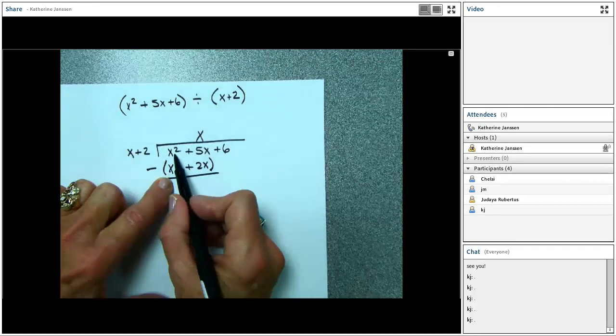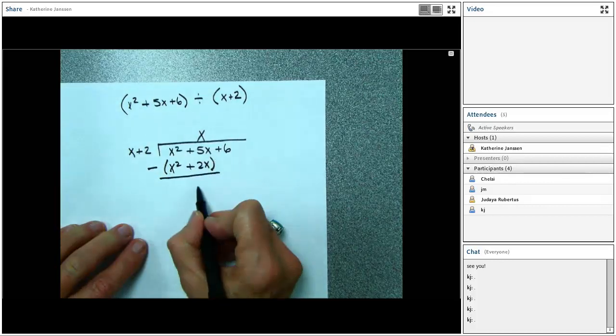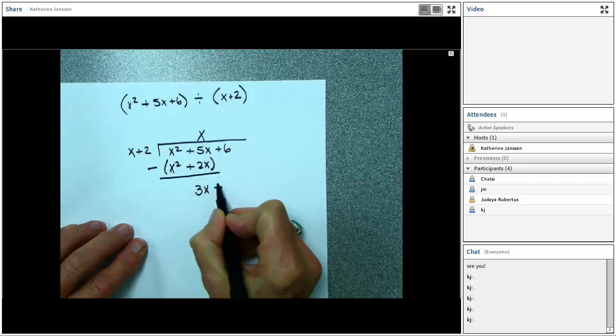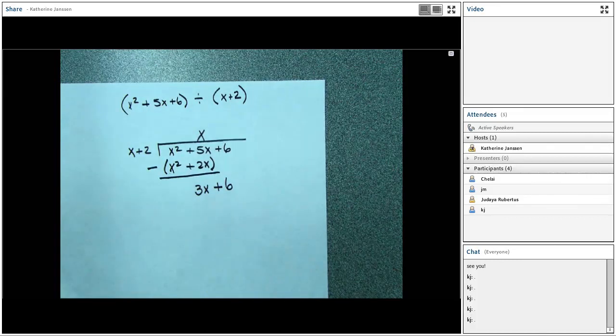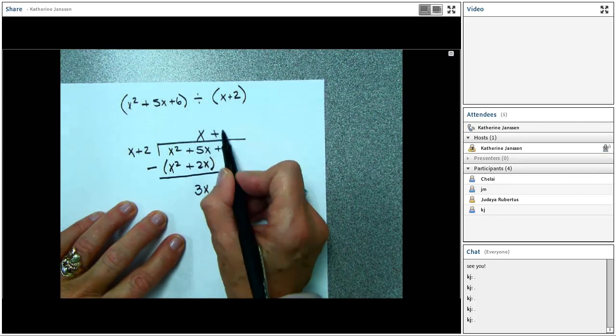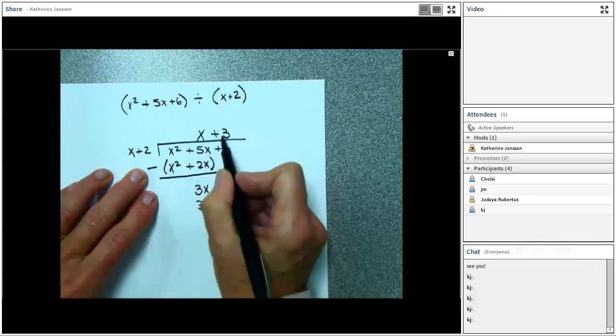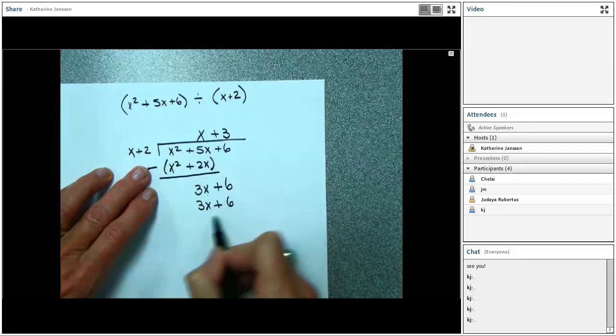So this will be a negative x squared for 0, and this will be a negative 2x plus 5x will be 3x. And bring down your next term. Well, x times what will give me 3x? Positive 3. 3 times x is 3x plus 3 times 2 is 6.